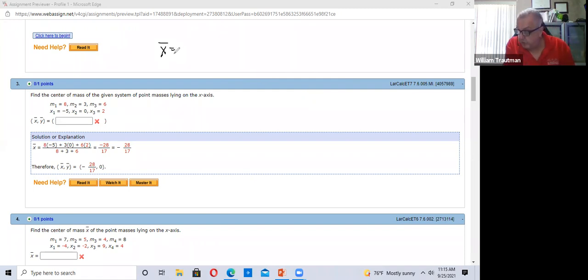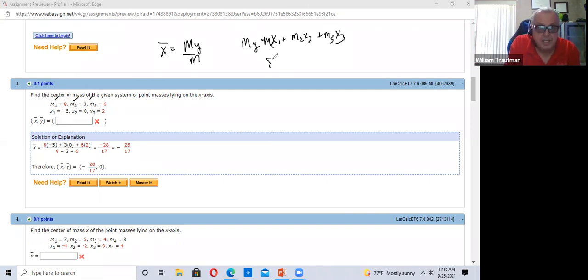Looking up that formula in 2 dimensions, it's My over m. First we need the formula for My: the mass times x1 plus the mass 2 times x2 plus mass 3 times x3. There's only 3 masses, so that's all I'm putting there.